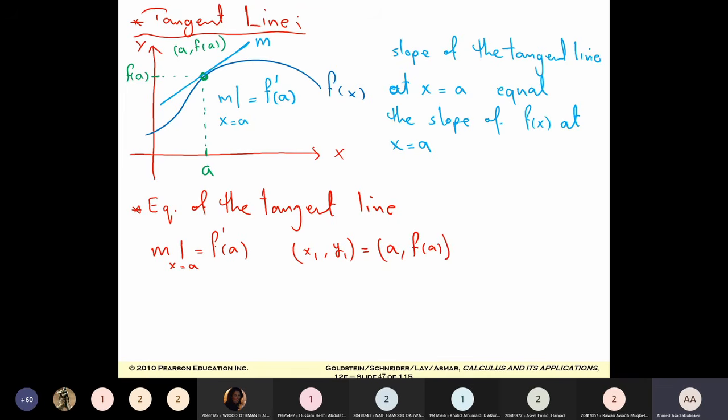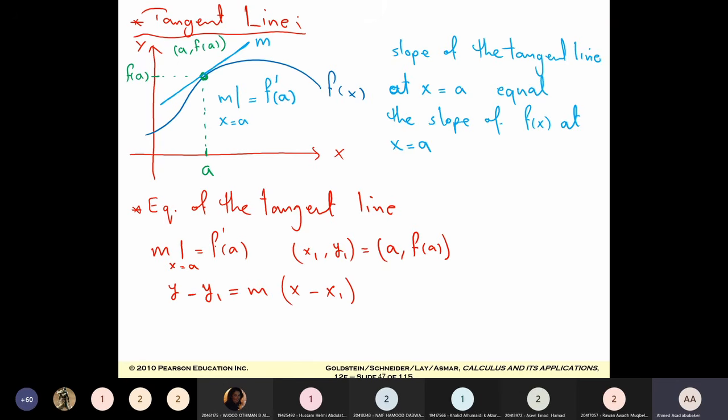This is the point on the curve or on the tangent line. So y minus y1 equals the slope times x minus x1, like this.